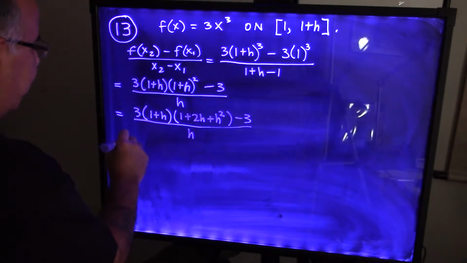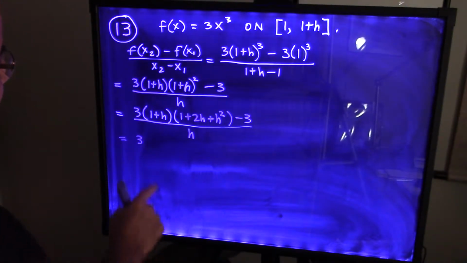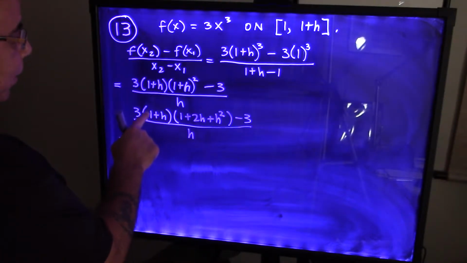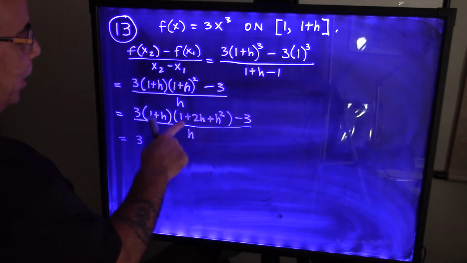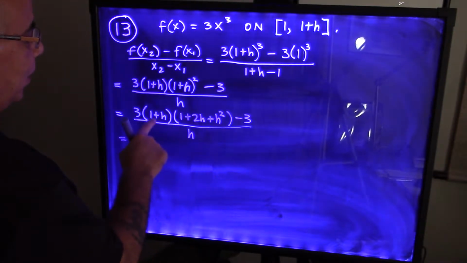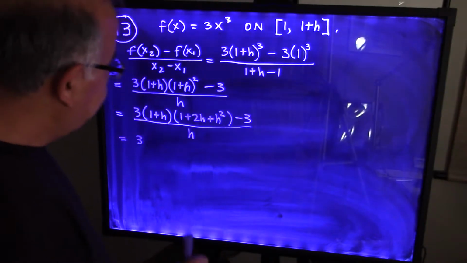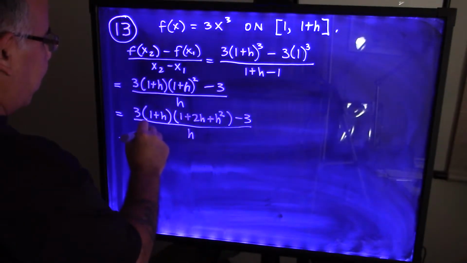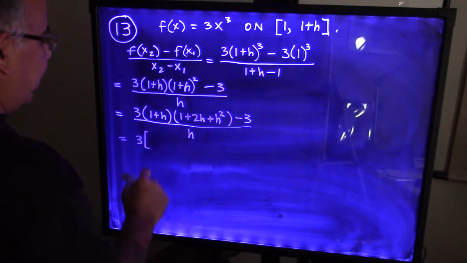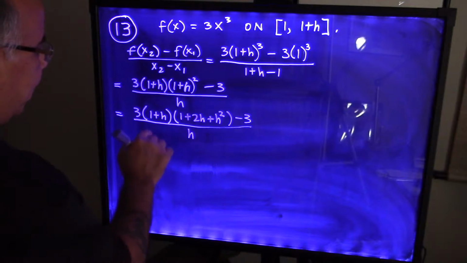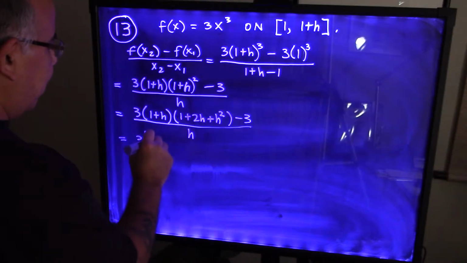And then we've got 3. Now you can use the distributive property on this. Think of this as one object, and you're multiplying each of these terms inside the parentheses with this one thing. So that's using the distributive property. Let me put this in brackets. You got the 3 multiplying all of that, so I don't want to lose track of that. So now you've got 1 plus h times 1, or just 1 plus h.